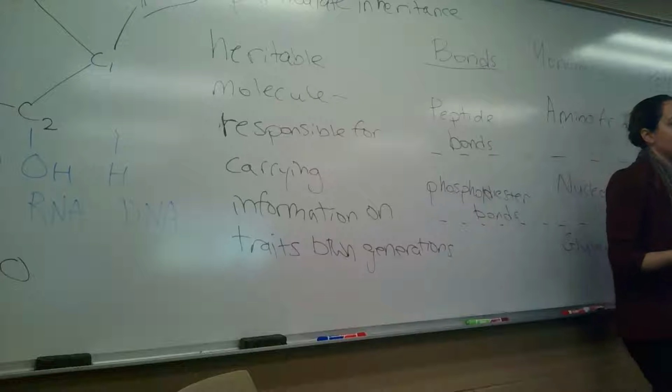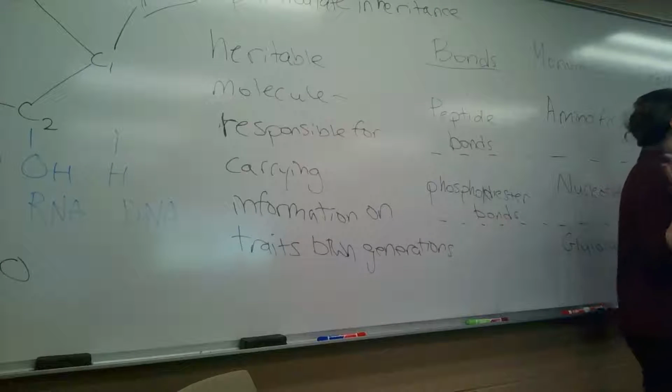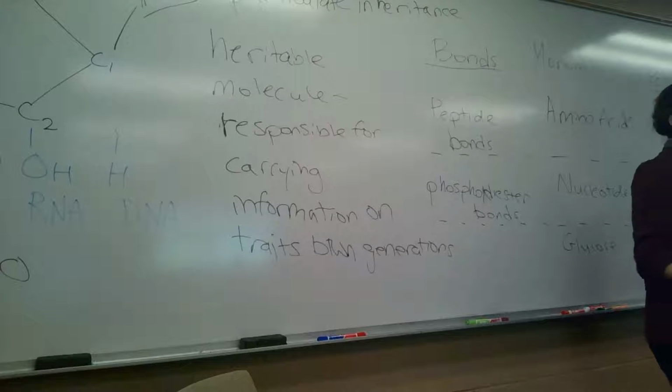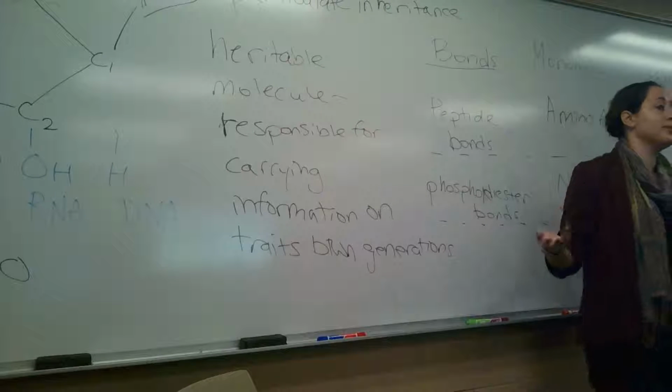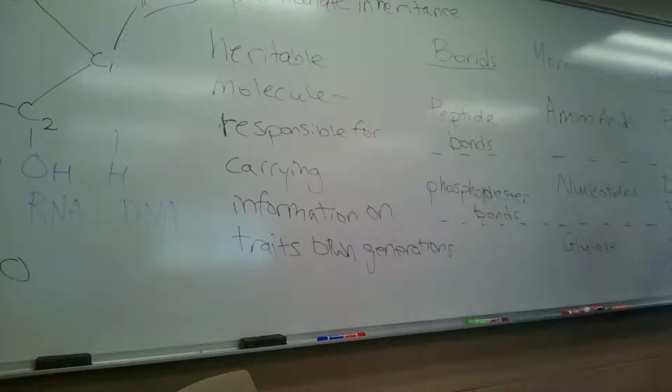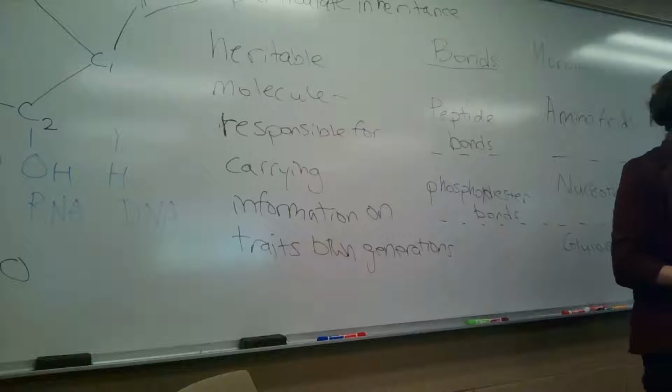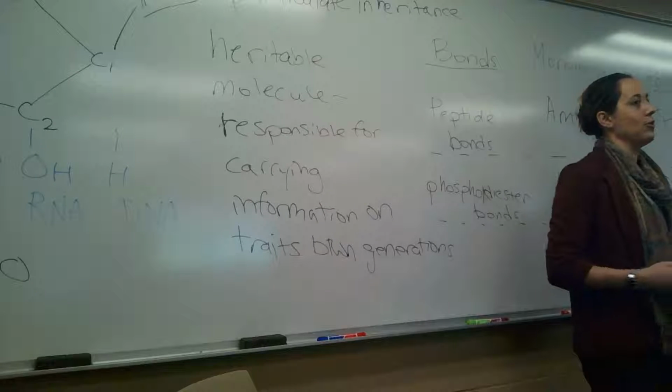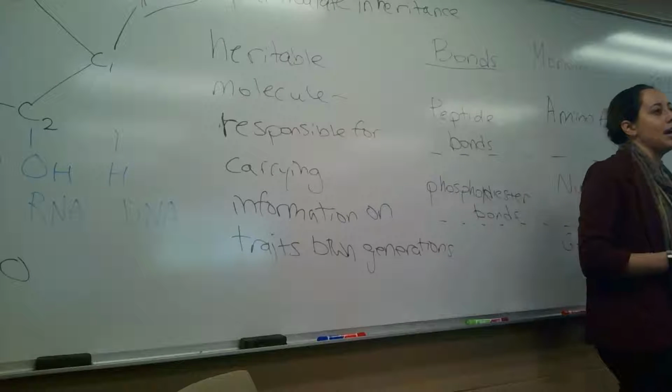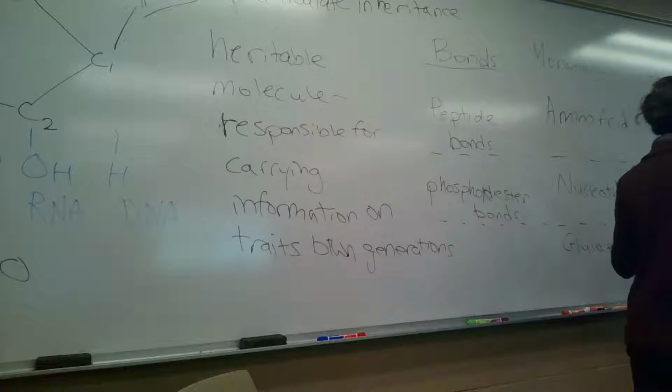And also we know that DNA only has these 4 different nitrogenous bases. And scientists said, how could we make up all of our traits just out of these 4 different bases? It seems like there's not enough variety in the monomers.